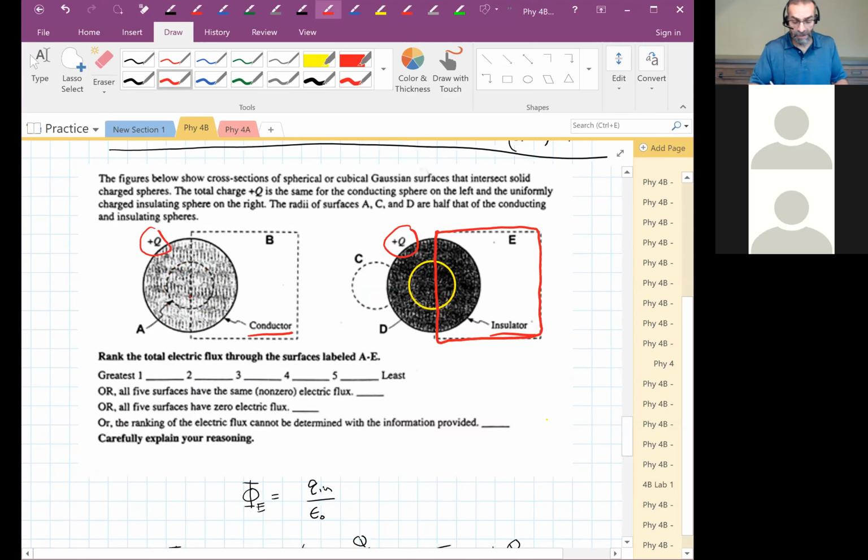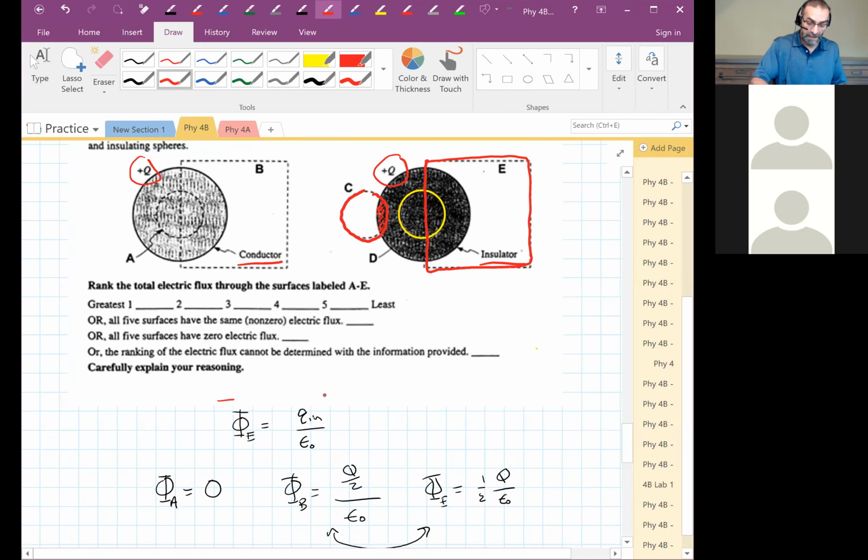So it has to be 0. C contains a tiny bit of charge, a little tiny bit right there. So it has to be more than 0, right? Because flux is proportional to how much charge is inside of the surface. C has a little tiny bit of charge inside the surface, and D has more, but less than half.